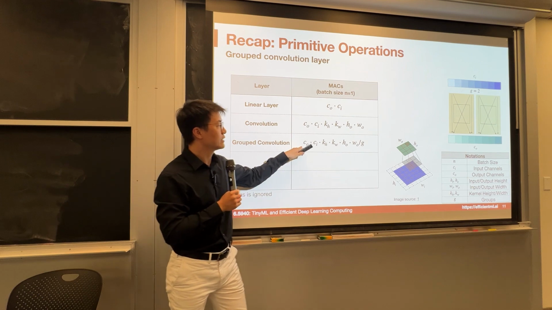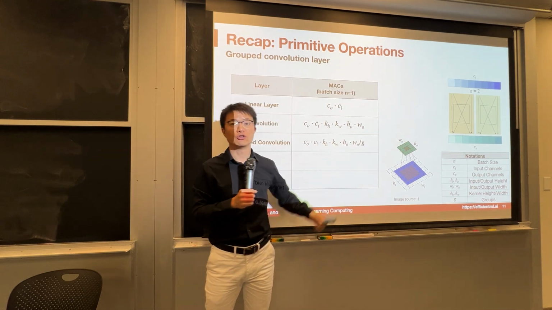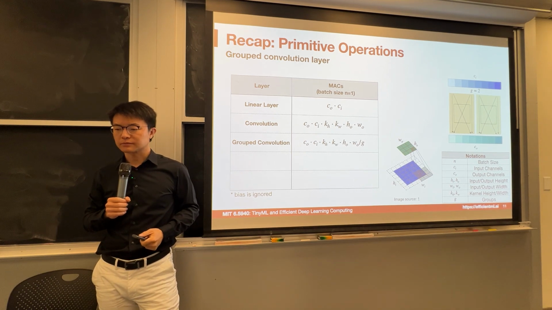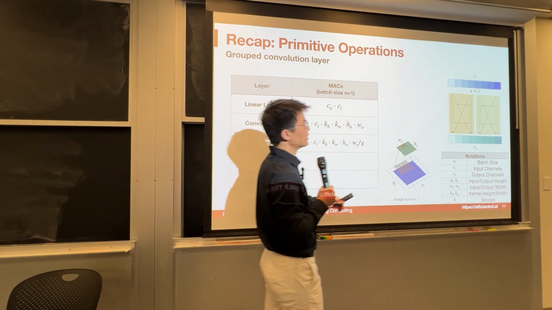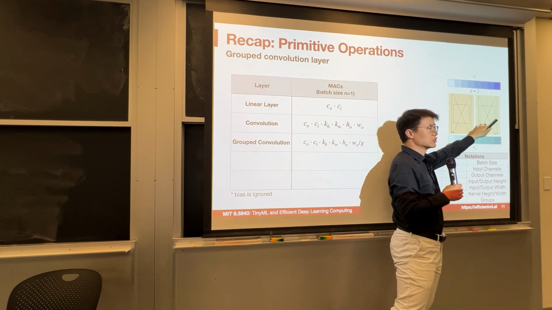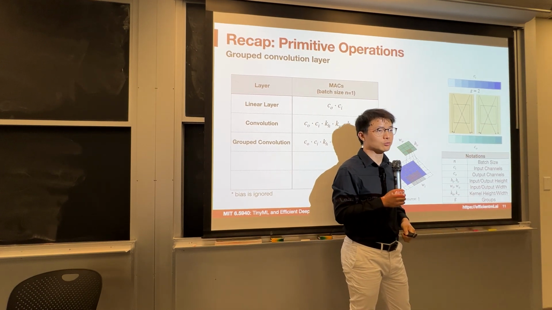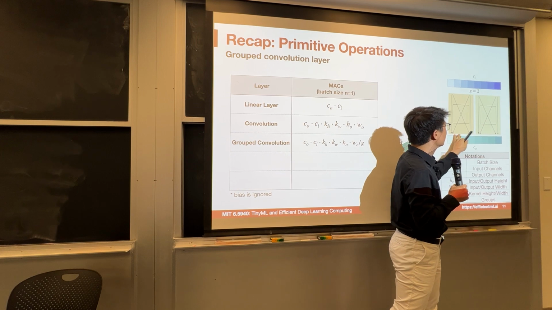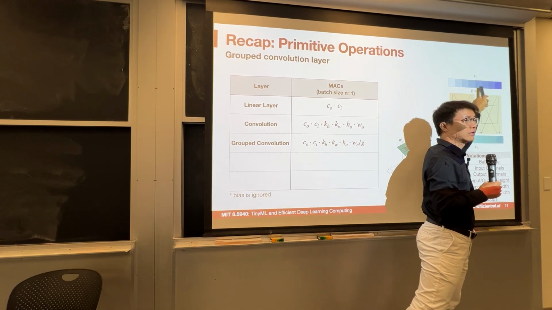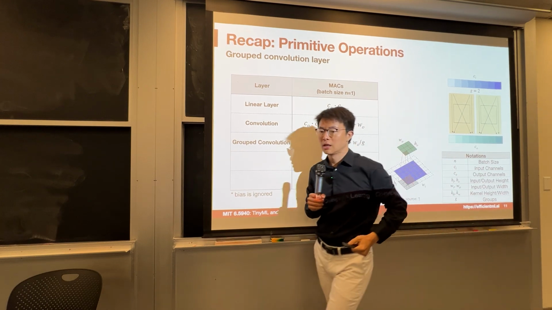And similarly, the amount of MAC is also reduced by G times, the number of groups. So among different groups, group 1 is no longer impacted by group 2. Like these output channels only depend on these input channels rather than those input channels.